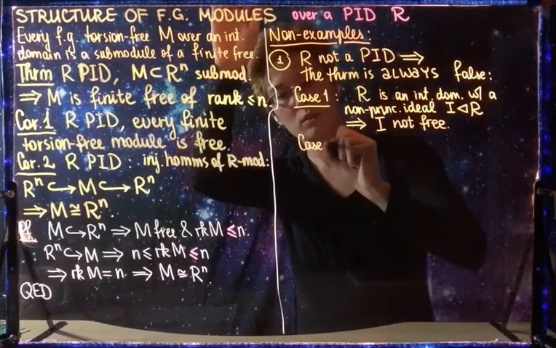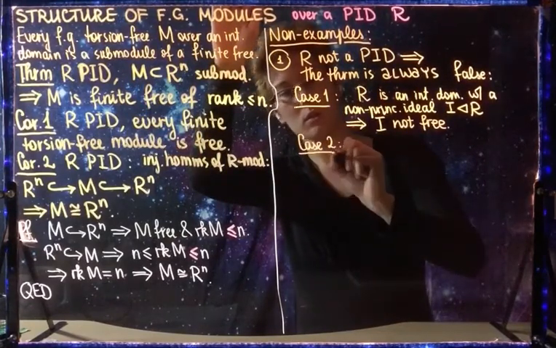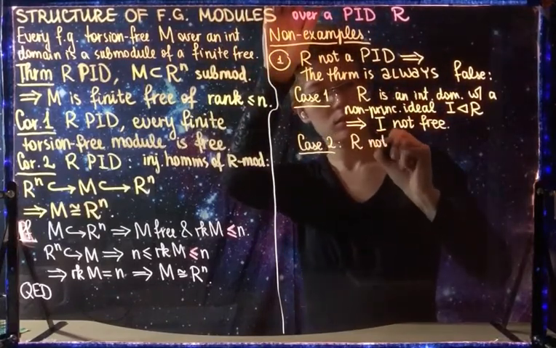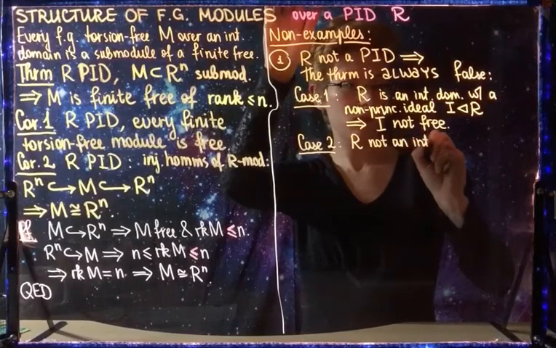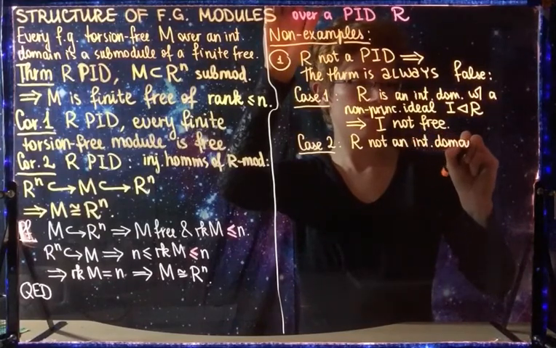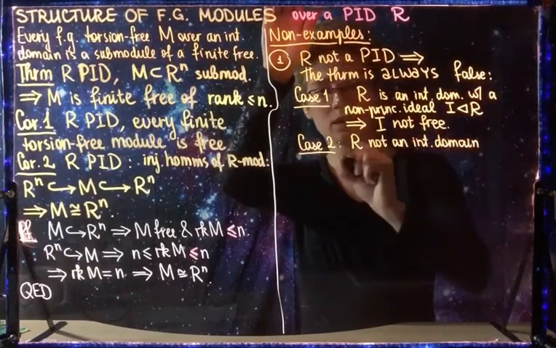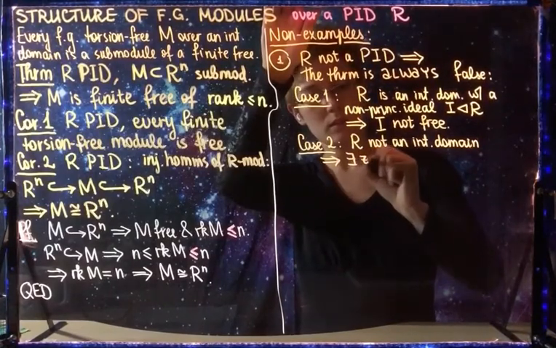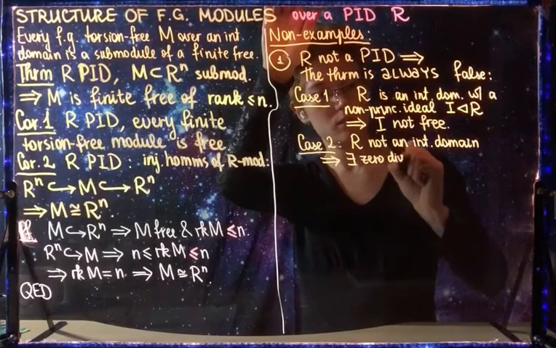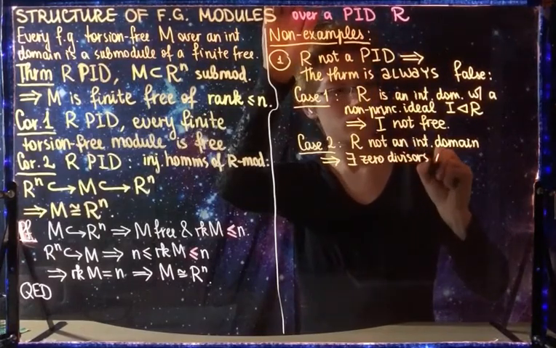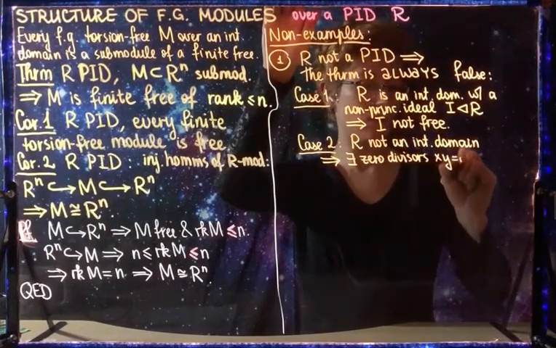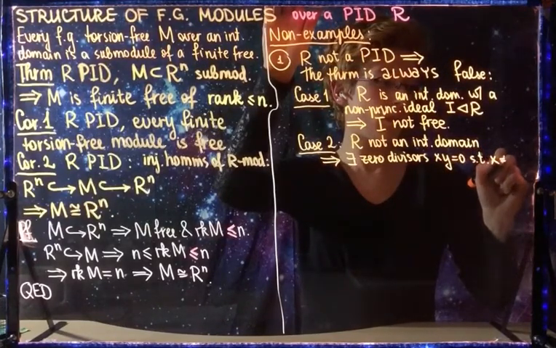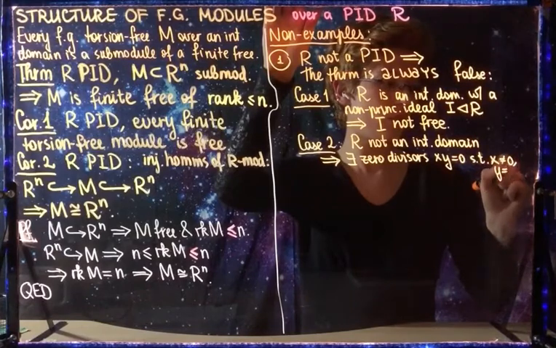or R is not an integral domain, in which case we can find zero divisors xy equal to 0 such that both x and y are non-zero.